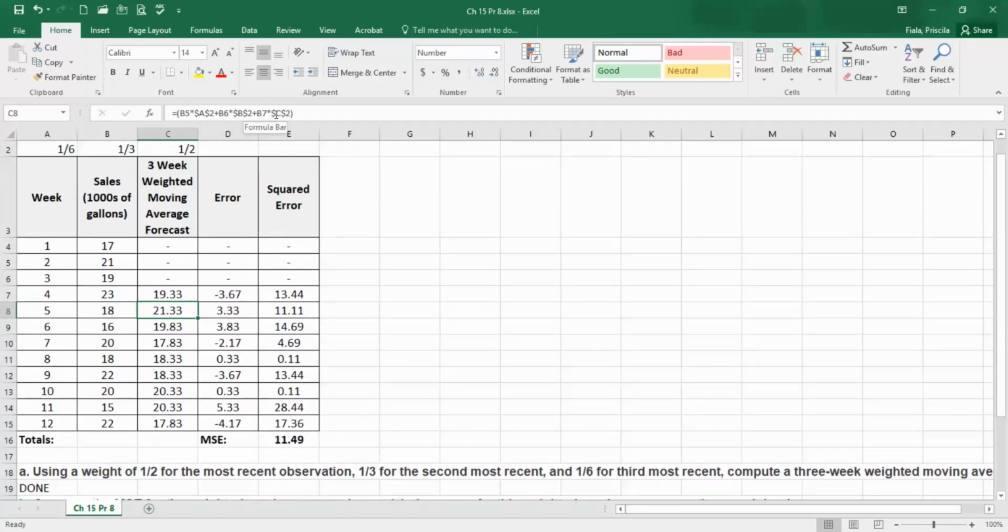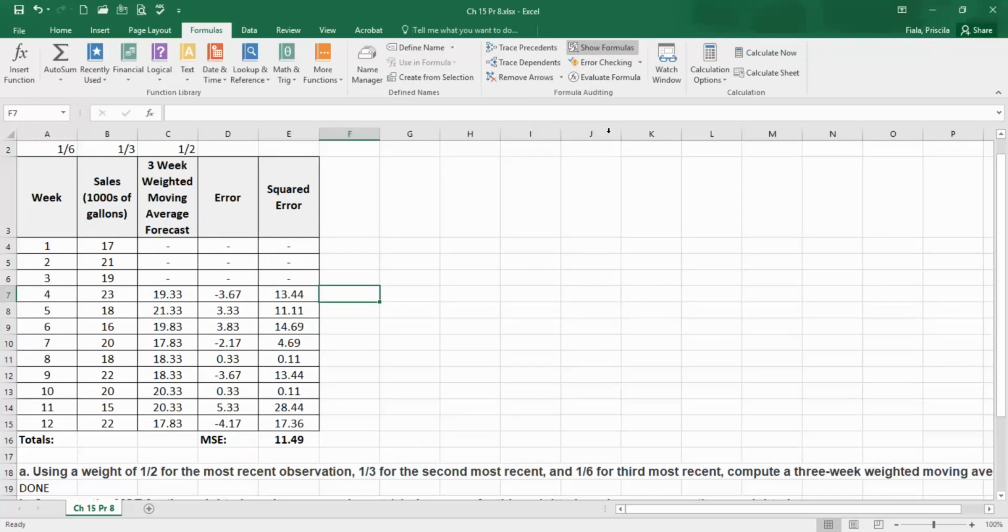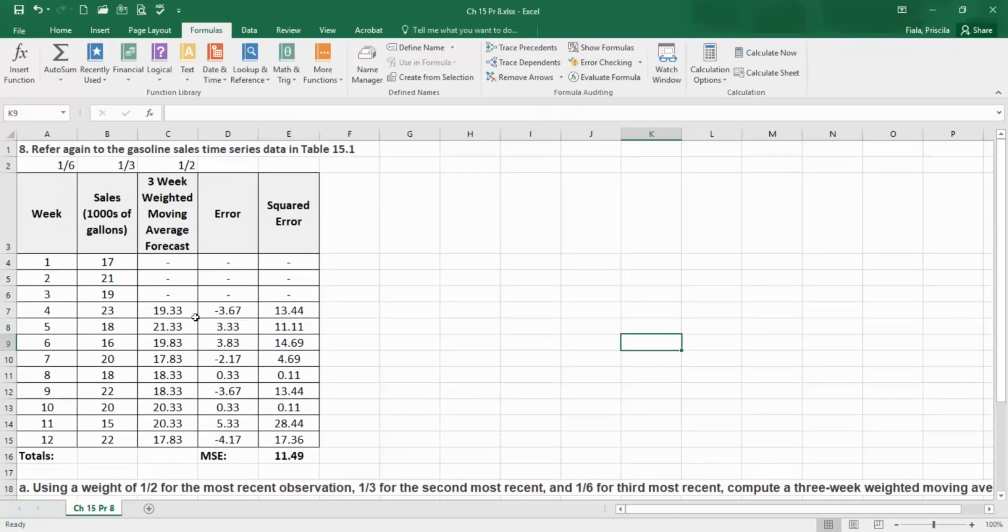If there are no calculations, if you just type the numbers in here, no points are going to be earned. You don't have to spell out the formula for me. I can just go to formulas, show formulas, and see if you actually inserted formulas. The best thing is to refer to the templates that I provide to you every week, because then you already have the questions and the formatting all together.